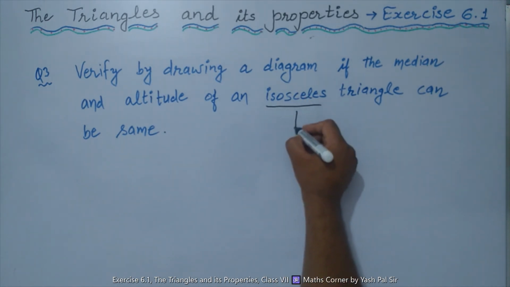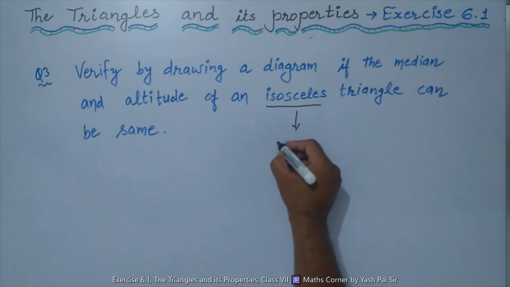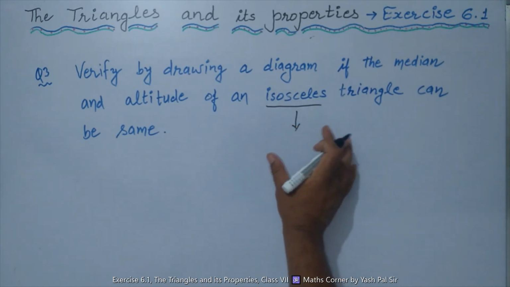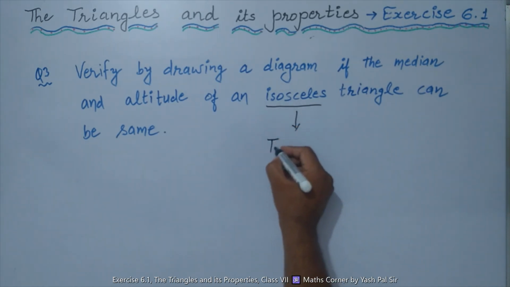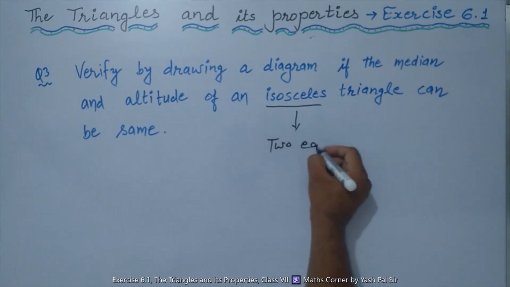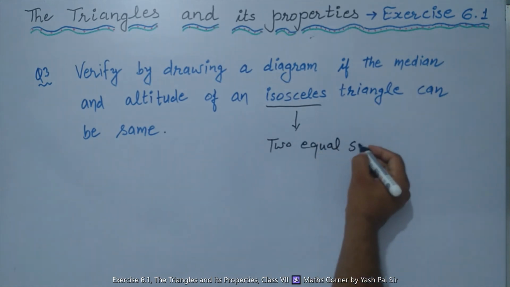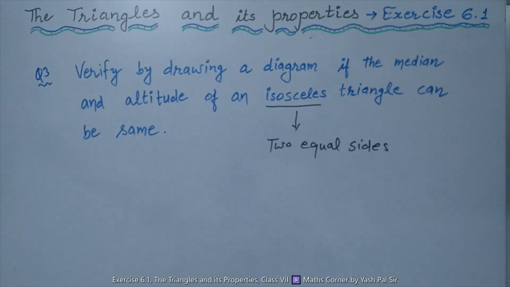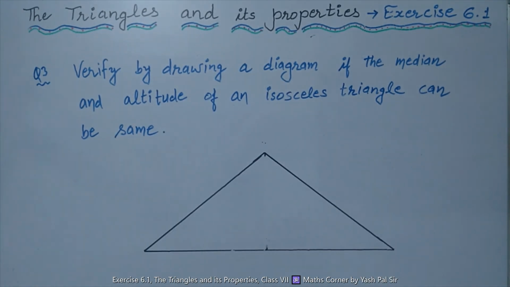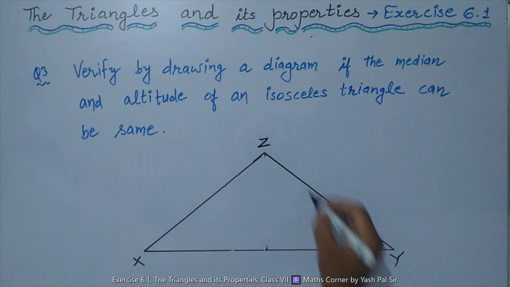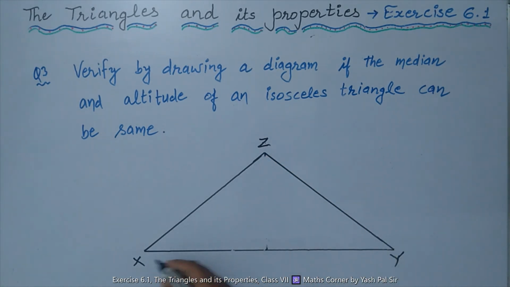Isosceles triangle means a triangle having two equal sides of the triangle, right? Suppose we have one triangle. Name of this triangle is X, Y, Z. Now what is the midpoint?